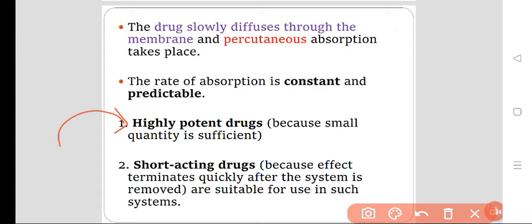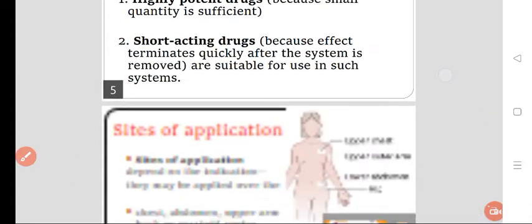So highly potent drugs, because a small quantity is enough for the action. And shorter acting drugs, because the effect terminates quickly after the system is removed, and they are suitable for use in such systems. So highly potent, shorter acting, and highly lipid soluble drugs are used for transdermal patches.